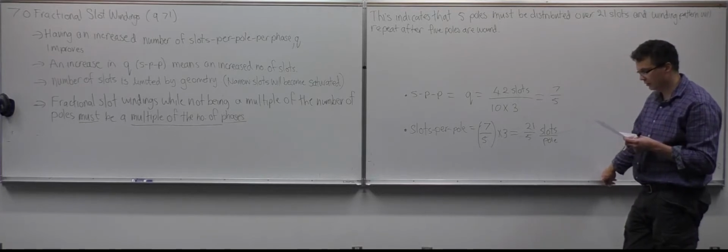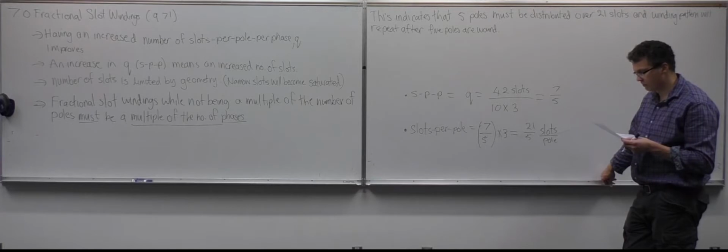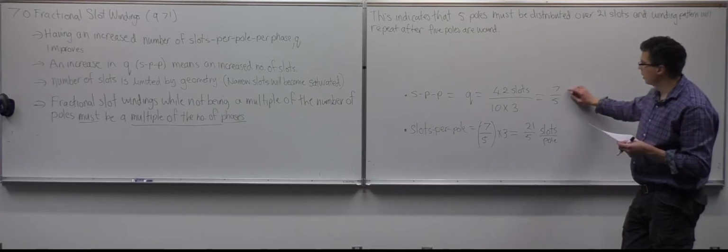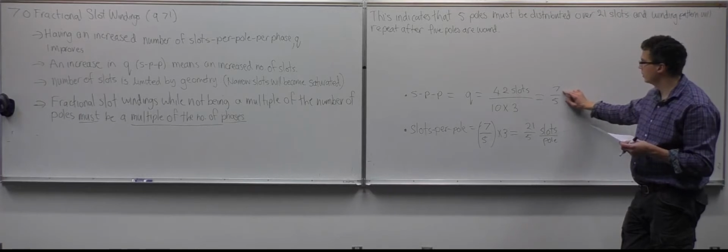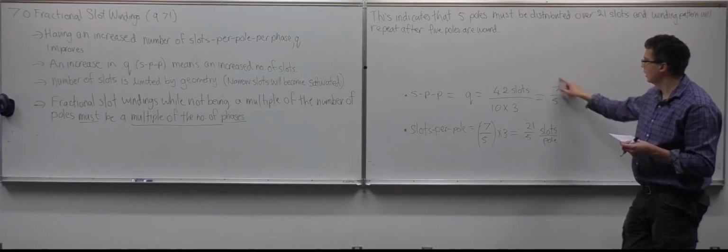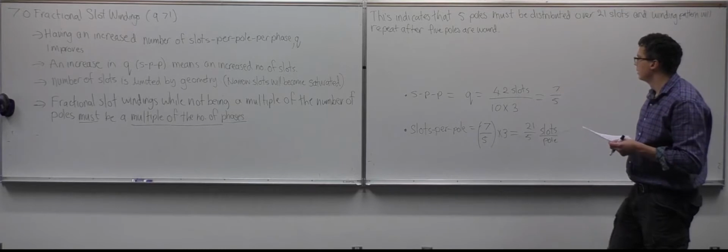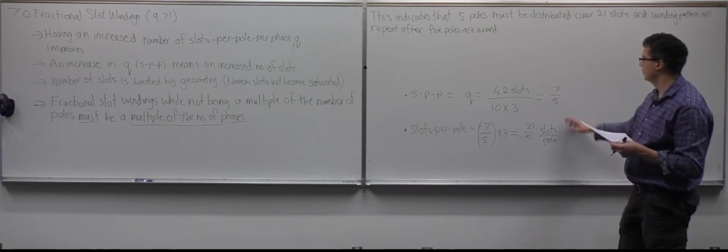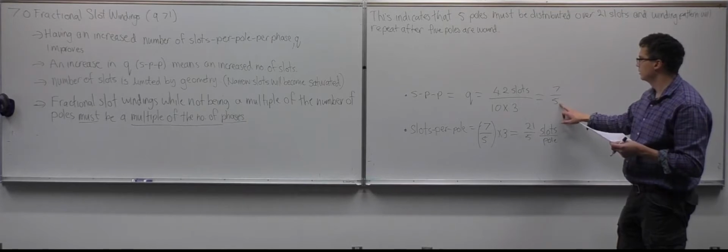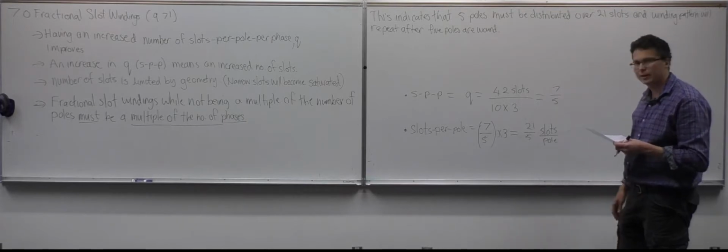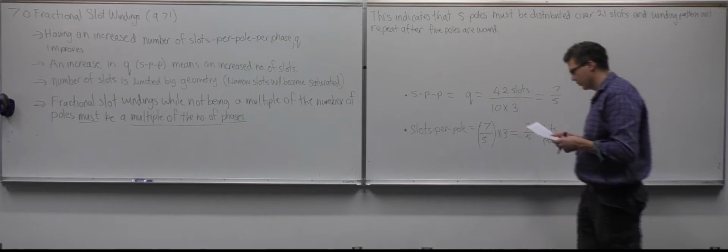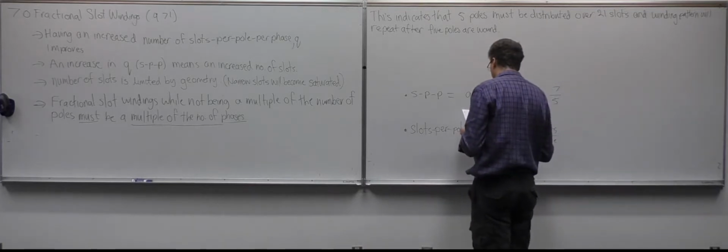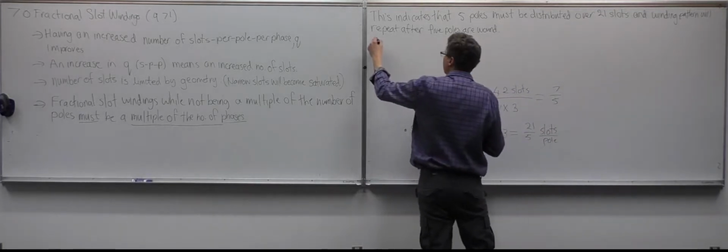How do we do that? How do we have 7 over 5 slots per pole per phase? How do we do that? So one way of doing that is, let me write this.